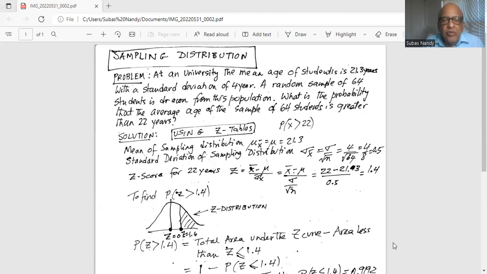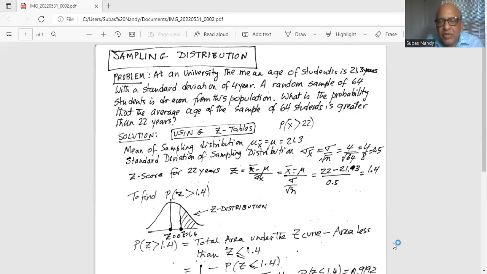Now we will calculate the z-score for the sample mean of 22 years. Remember, we are interested in finding the probability of x bar, the sample mean, greater than 22. So let's calculate the z-score, which is x bar minus mu divided by sigma x bar.